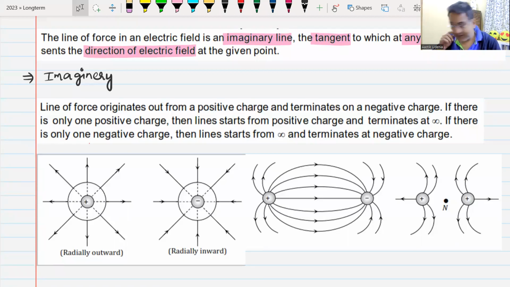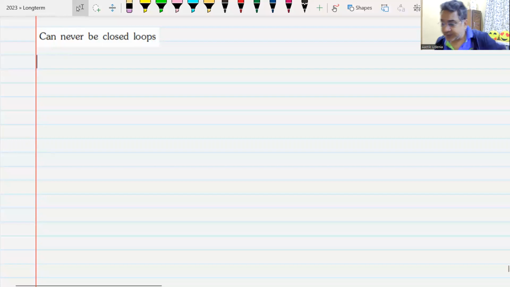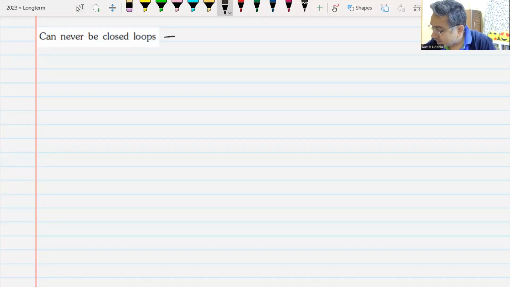So, electric field lines, as you can see, start on a positive charge and end on a negative charge. The same thing can be said in a different way: electric field lines are always open loops. They can never be closed loops.